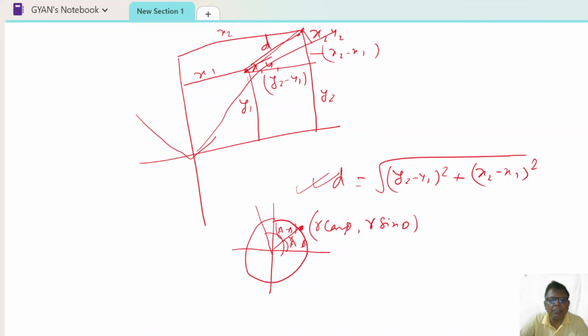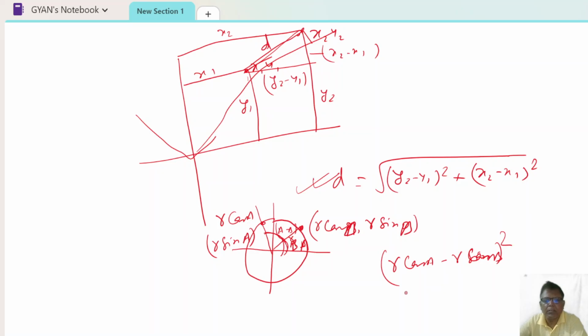Here theta is B and here theta is A, so this is the angle A minus B. Here the coordinates will be r cos A and r sin A, and the other r cos B and r sin B. So the distance between them is the root of (r cos A minus r cos B) whole square plus (r sin A minus r sin B) whole square.